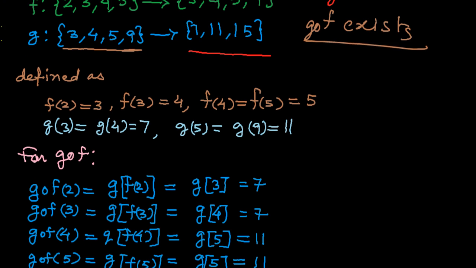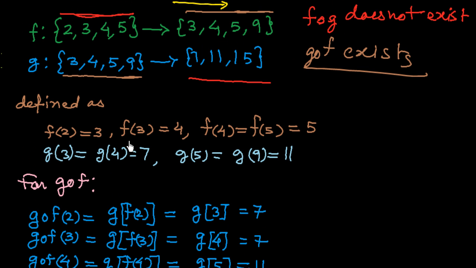Now if we write g of f as per this definition, the domain of g of f would be 2, 3, 4, 5, and the codomain would be 7, 11, 15.